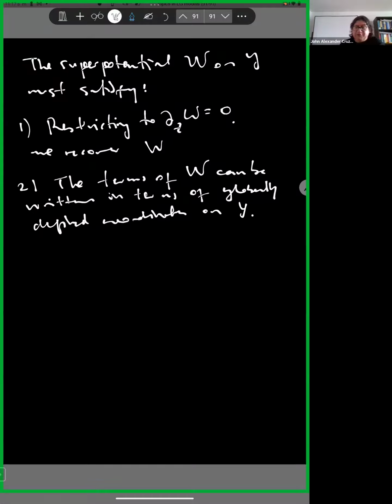And as I said, this W has some additional terms that correspond to the action of T.